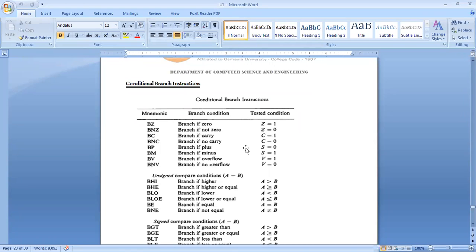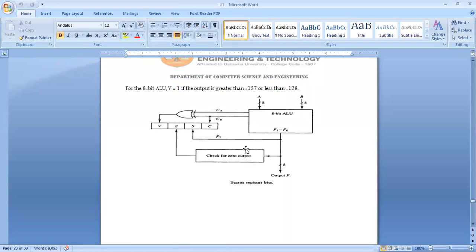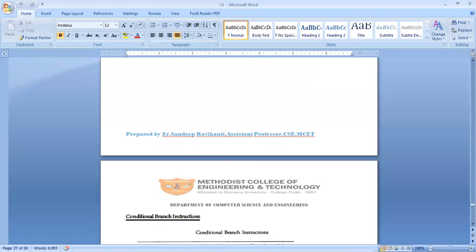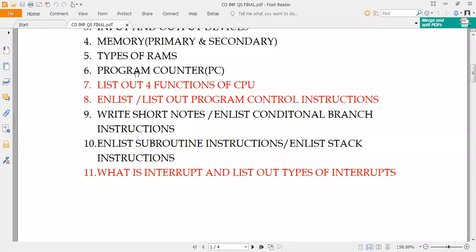Zero, carry, sign, and overflow. These are the four basic flags which we will use. Based on this, we have the conditional branch instructions. So that is one more question you can expect: list out or write short notes on conditional branch instructions. Okay, are you clear?